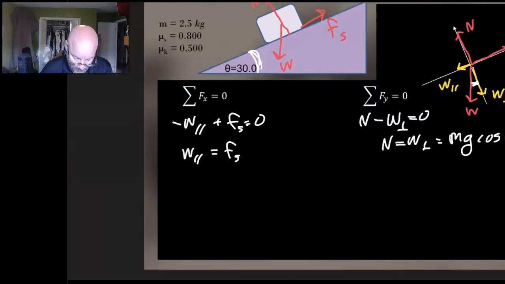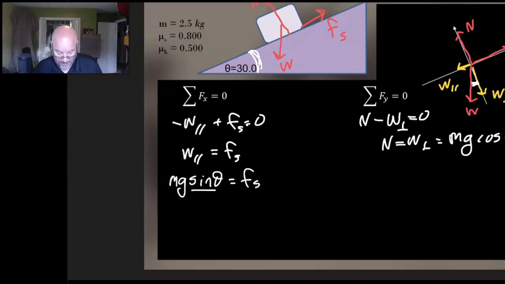I feel like I'm going to need more room here. Here we're going to have mg sine theta, and that's equal to Fs. Now Fs, it's static, so it's not going to be equal to something, but it's bounded.